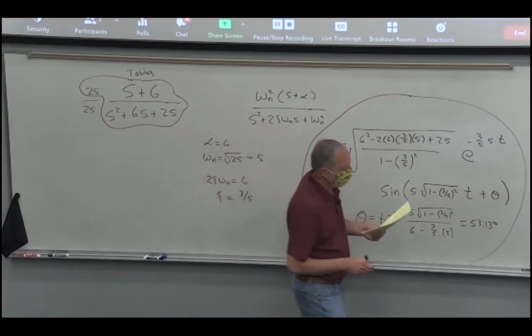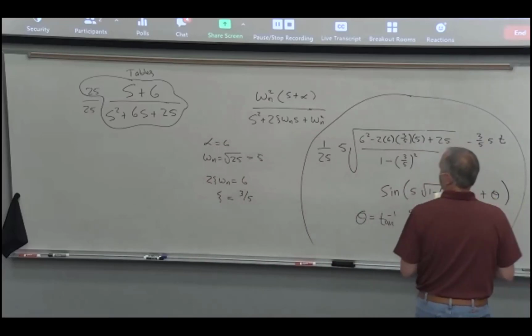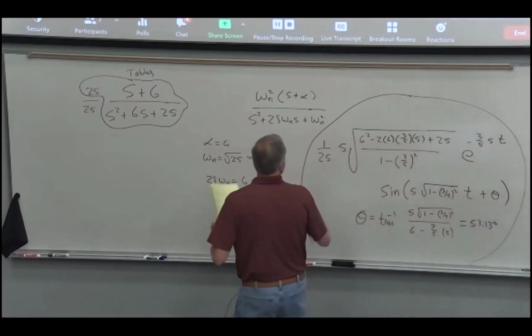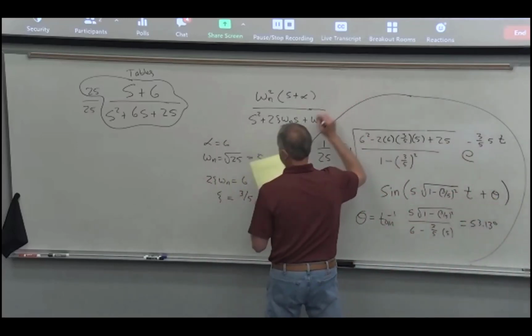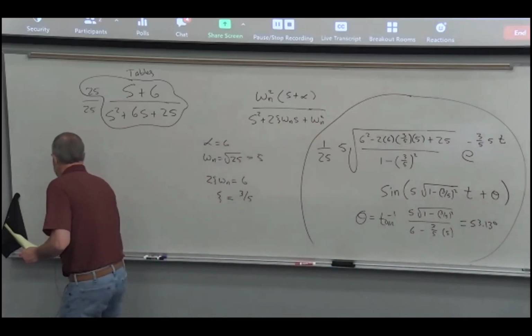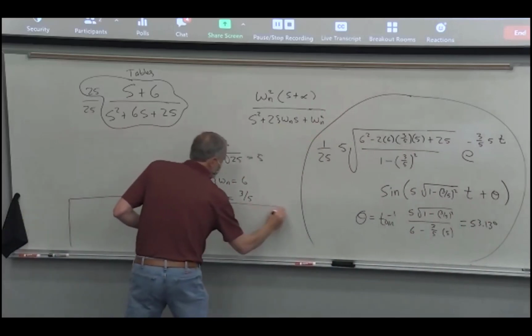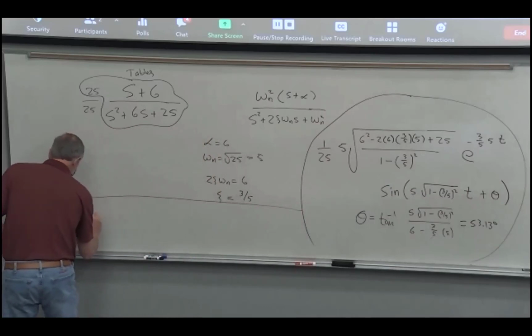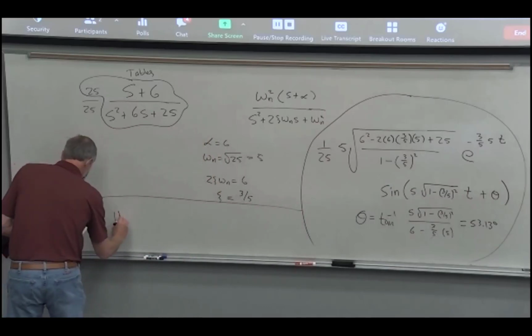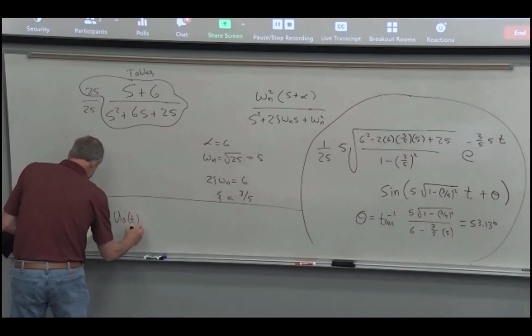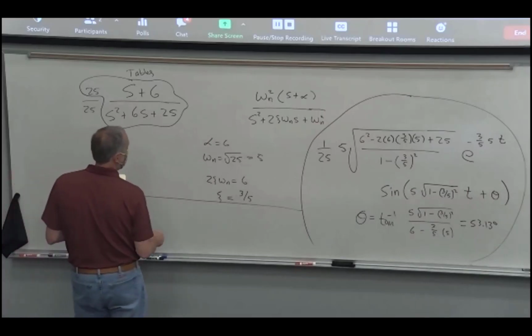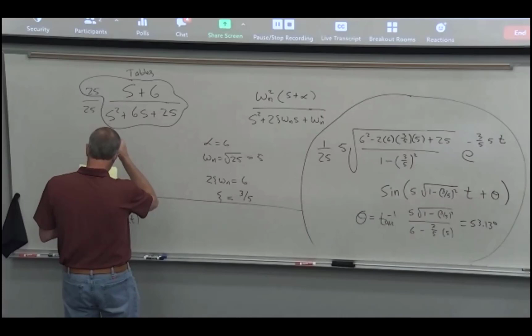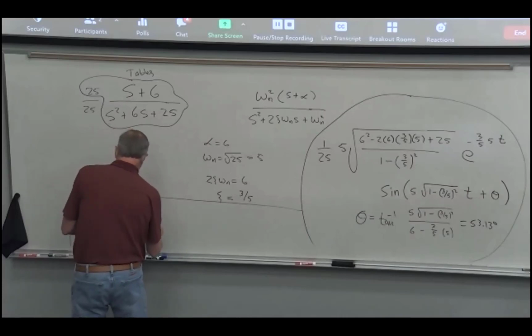And so our answer then ends up being, let me write that up top here. I'll tell you what, back. So I'm jumping over here rather than switching to the other board. So that's the first part, the 1 over s term, and then here's the part we've been working on.